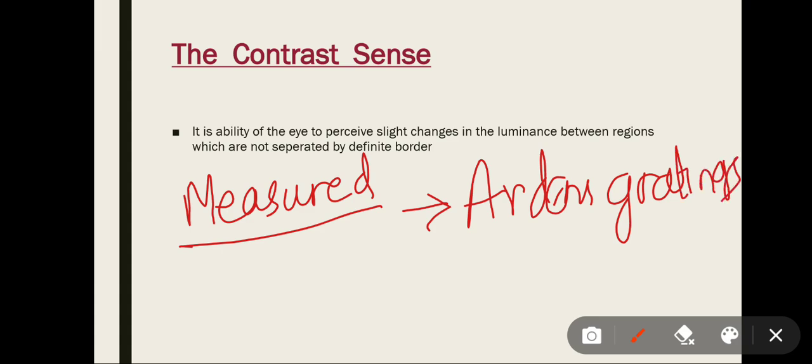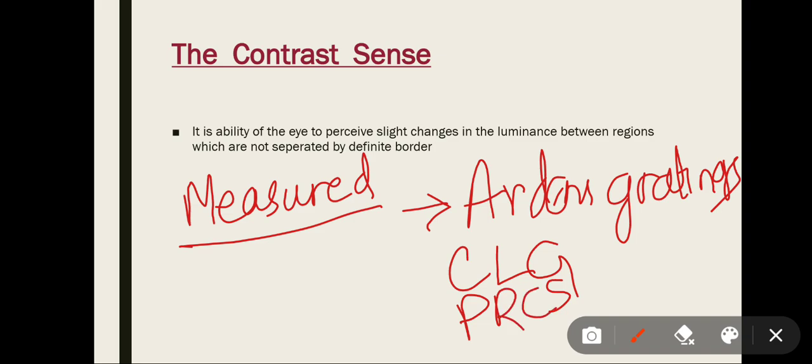Others are the Cambridge low contrast grating and Bailey-Lovie's contrast sensitivity chart. The contrast sensitivity decreases from one triplet to the next. Others are Vistech charts and the functional acuity contrast test.